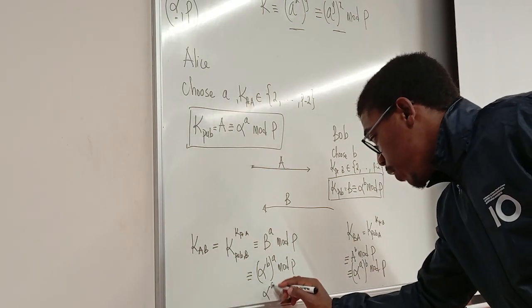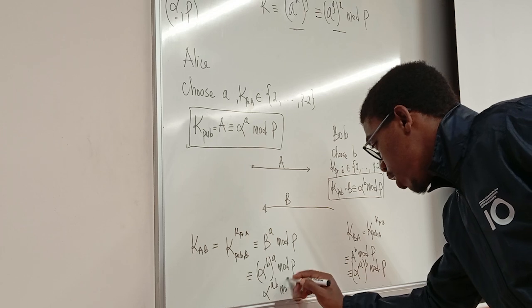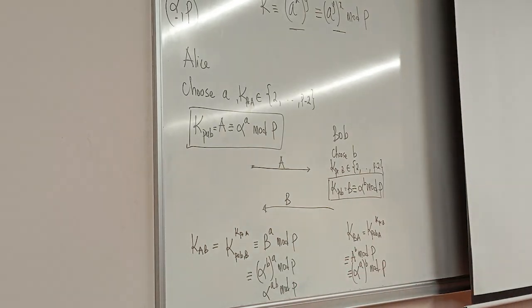This can also be alpha to the power of A B mod P. They actually receive the same thing.